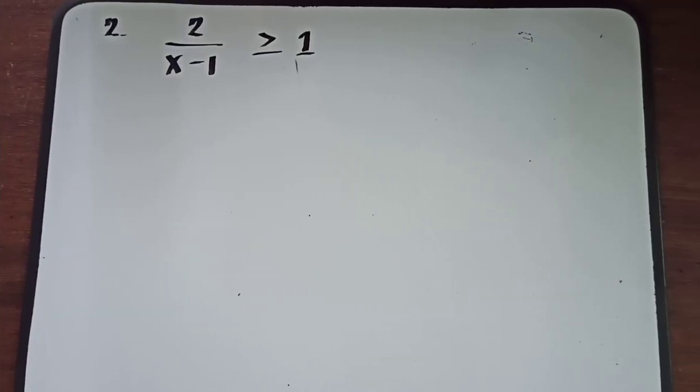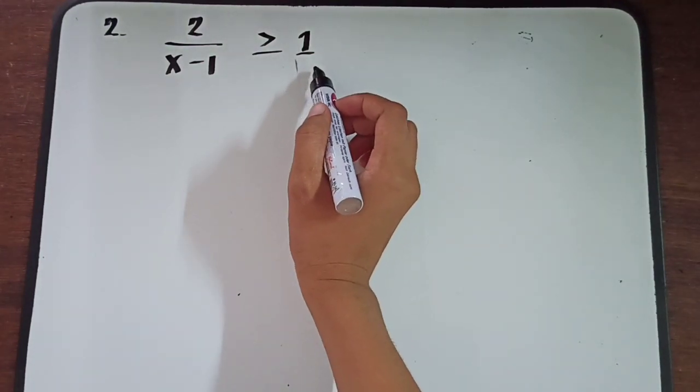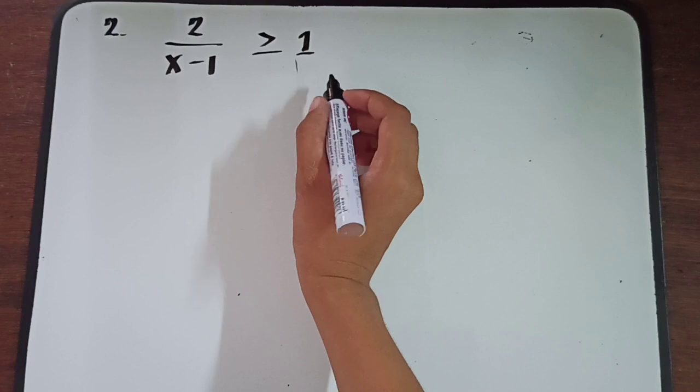For example, number 2, that is 2 over x minus 1 is greater than or equal to 1. Again, the first step is you're going to make it in the form of p of x over q of x, which is greater than or equal to 0. So, ibig sabihin, 0 lang po dapat ang nandito sa right hand side.